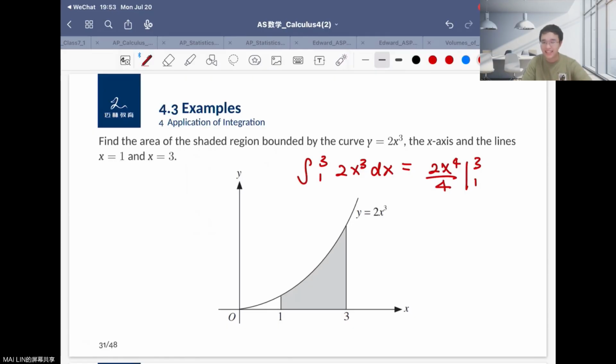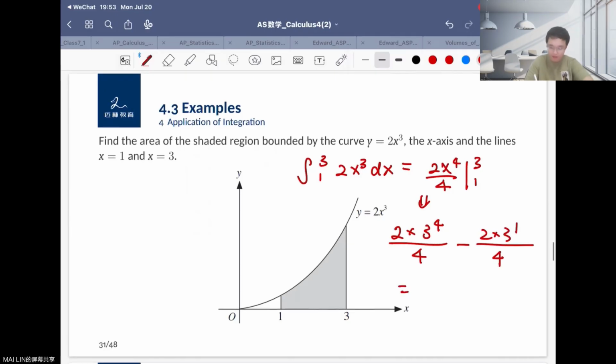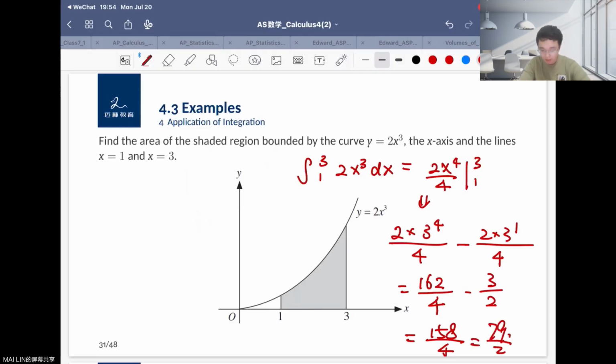Then we put in 3 and 1: 2 times 3 to the power 4 over 4, minus 2 times 1 to the power 4 over 4. The first value is 81 times 2 over 4, which is 162 over 4, then minus 2 over 4. Finally you get 160 over 4, which is 40.